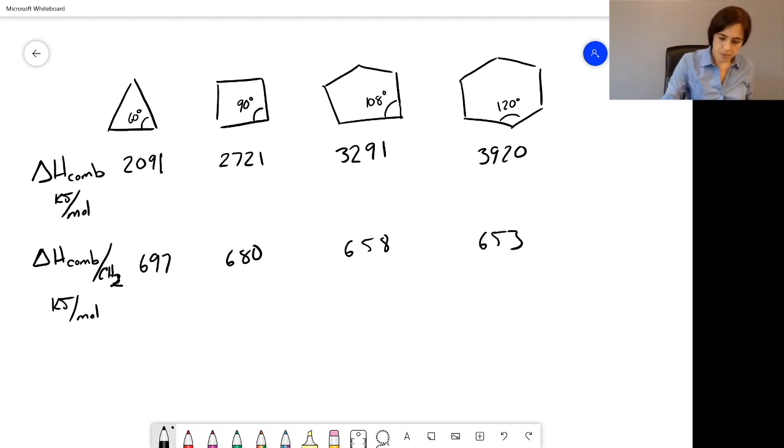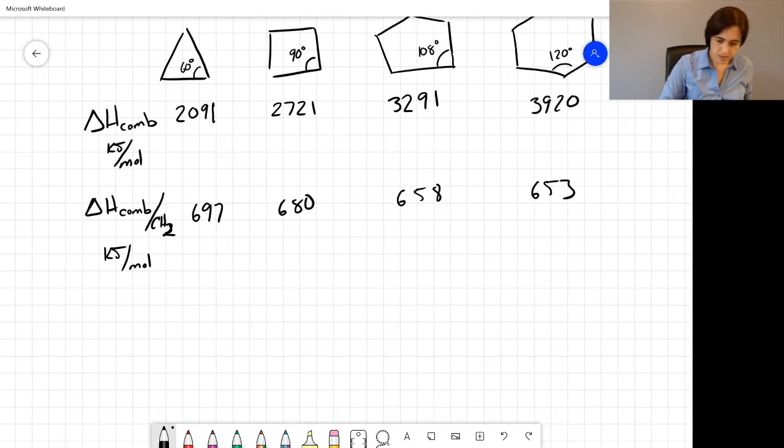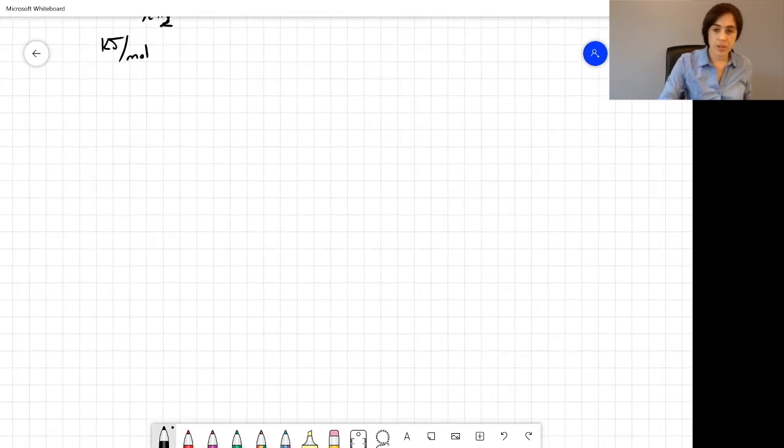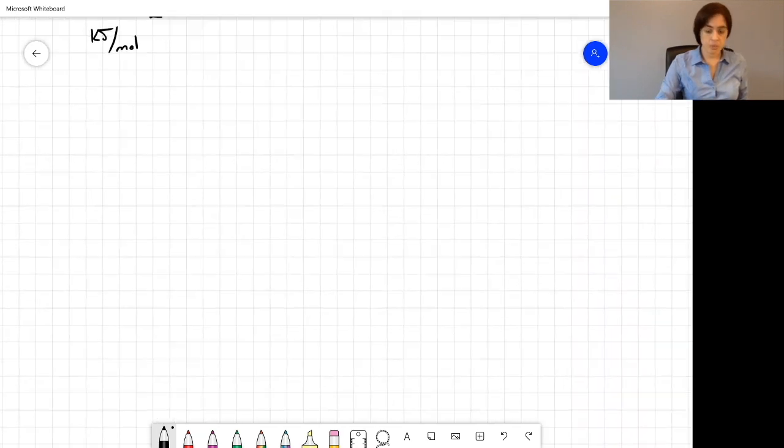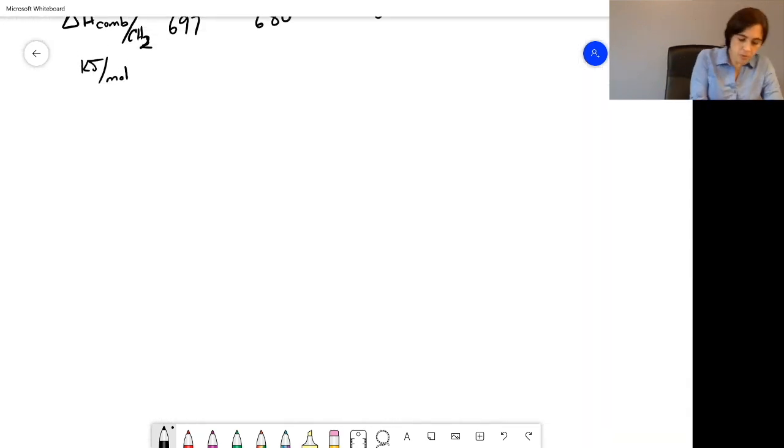So to help us with this, I've pulled up some structures, and I would again encourage you to build these with your model kits. The first one we're going to look at is cyclopropane.